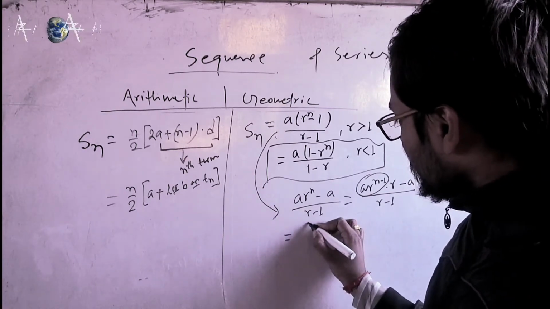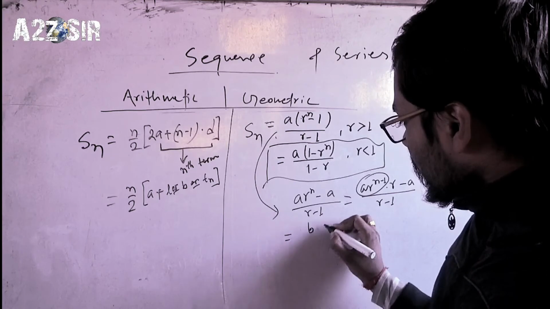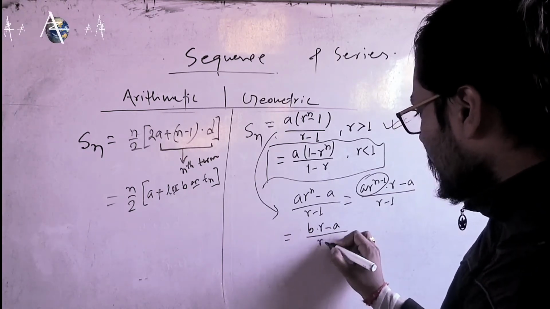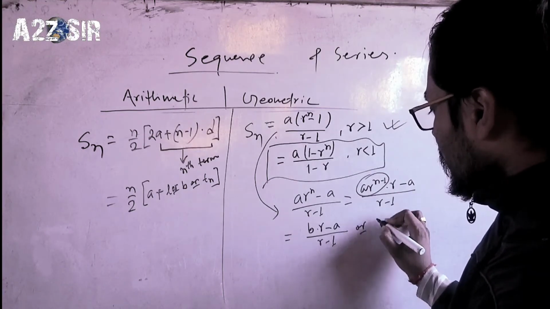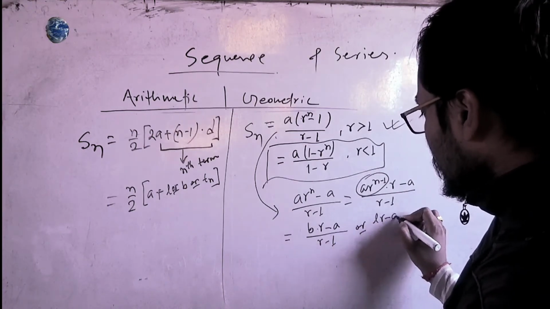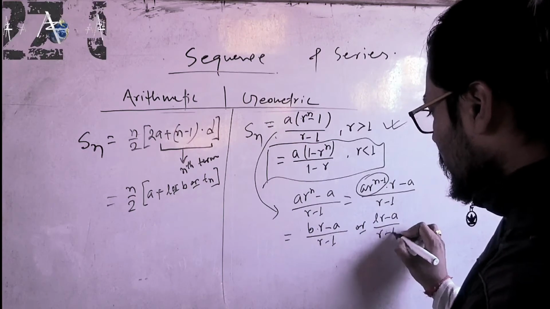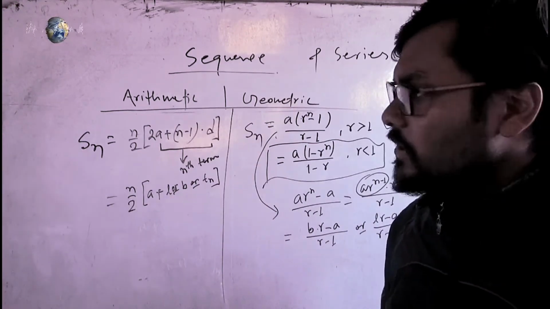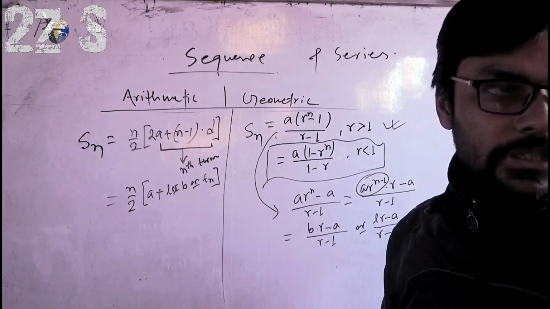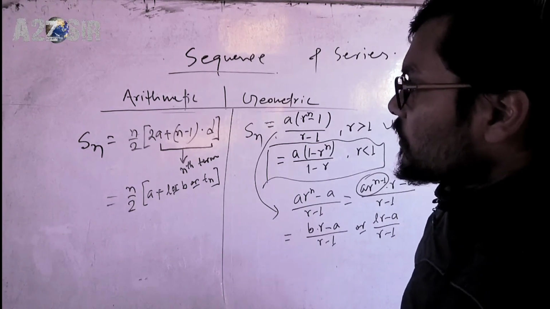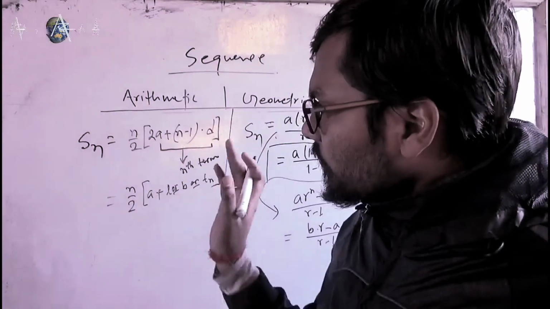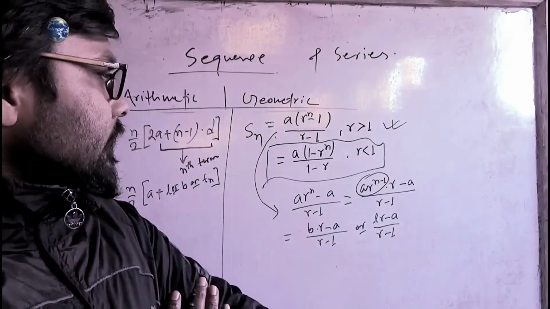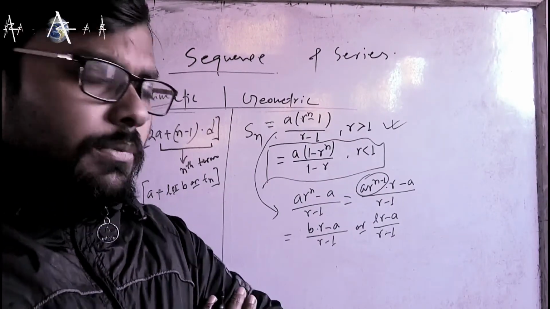So this becomes (Tn·r − a)/(r − 1), or simply (lr − a)/(r − 1), which is the sum of the first n terms of the geometric sequence, the geometric series. Okay, so in this way we can deal with the sum of the first n terms of arithmetic and geometric series. And we go for the example also.